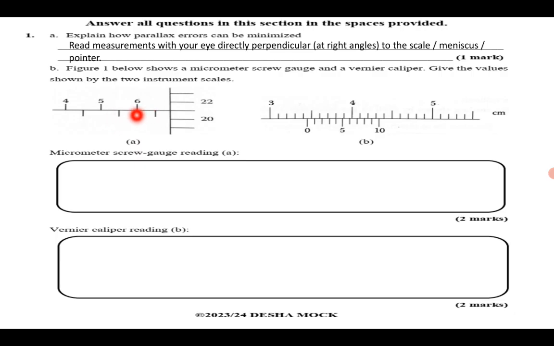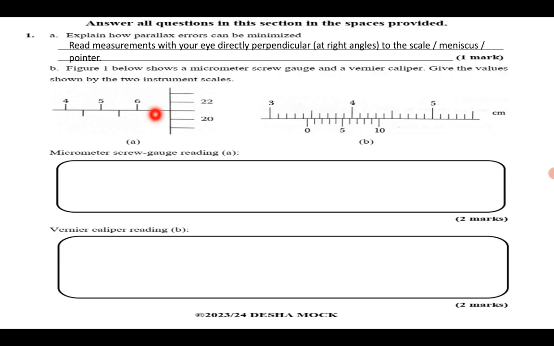So for the micrometer screw gauge, first you read the main scale or the sleeve scale from the point or division just close to the thimble scale. So the reading must come from here.